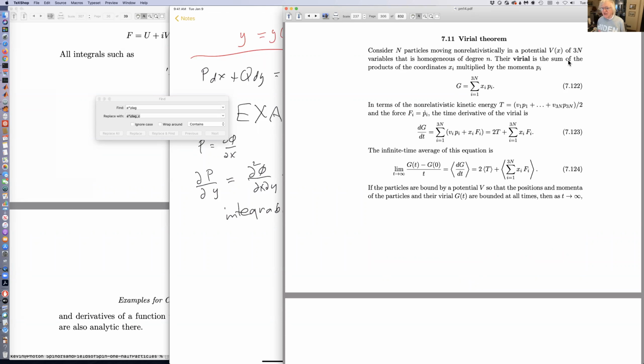And imagine that the potential is homogeneous of degree n. And we'll see some examples in a moment, that's a common feature of physics. And in fact, when you have something that's homogeneous, it's normally related to a symmetry. And symmetry is our friend, really. Or symmetries are our friends, because when there's a symmetry, the problem is simpler.